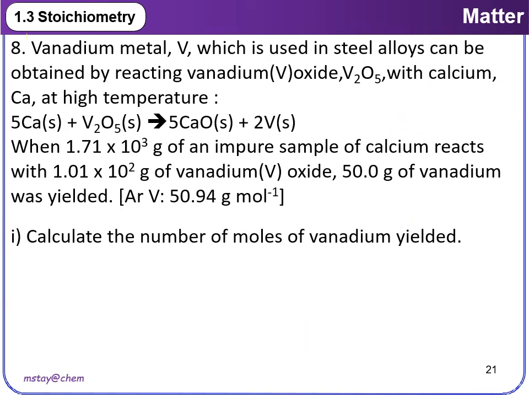Okay, now look at question number 8. Go through the question. We have the idea that 1.71 × 10^3 gram of impure sample of calcium will react with 1.01 × 10^2 gram of vanadium oxide. And then 50 gram of vanadium will be produced.